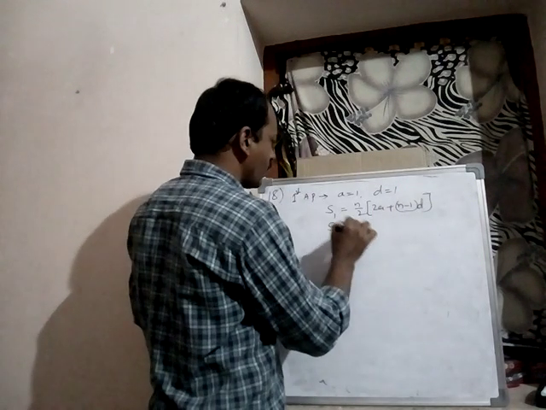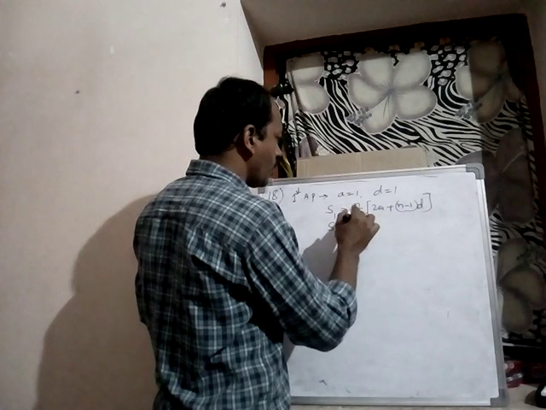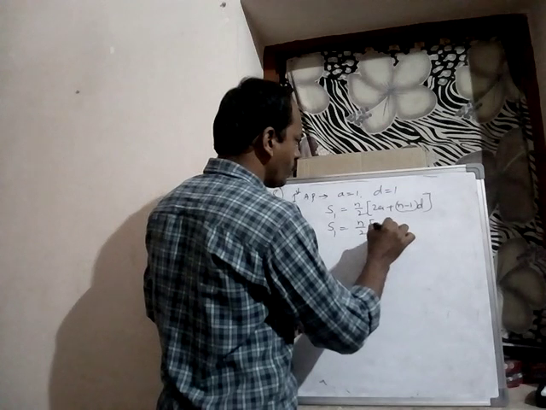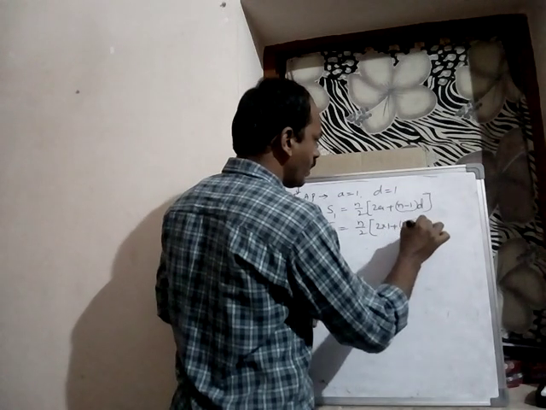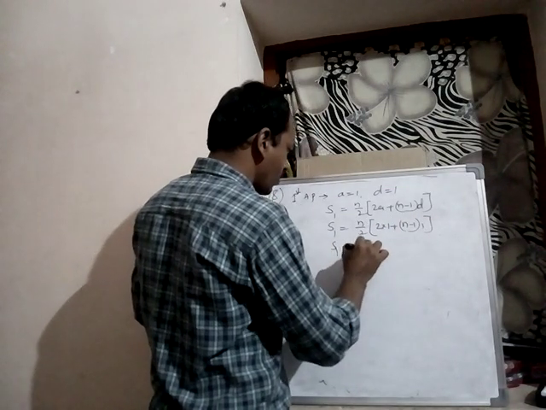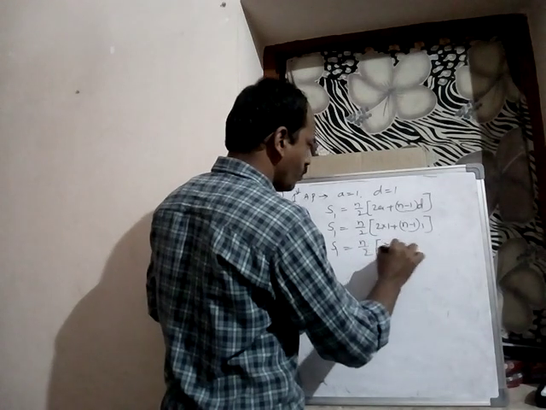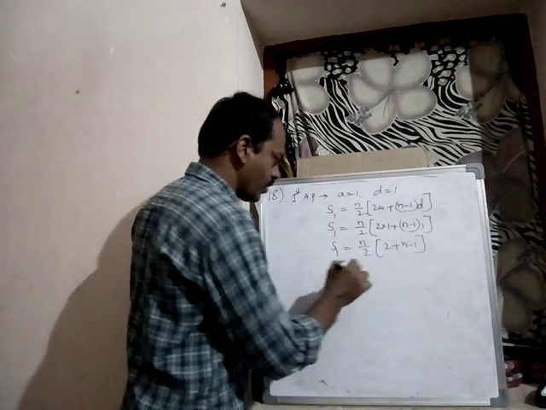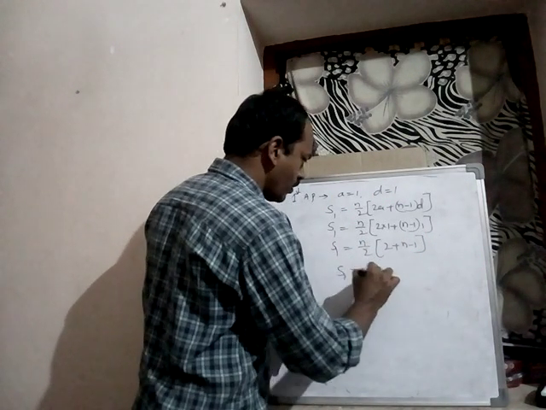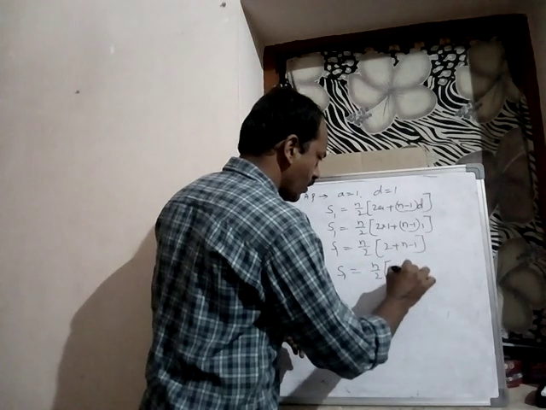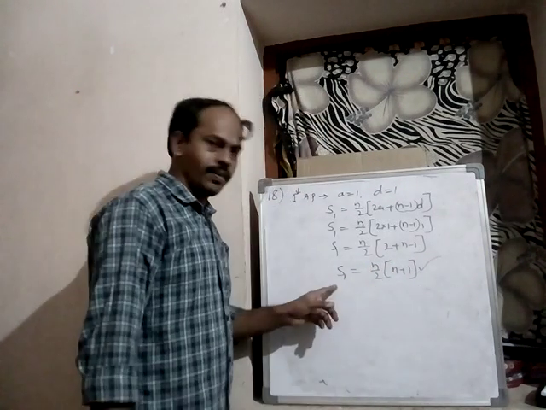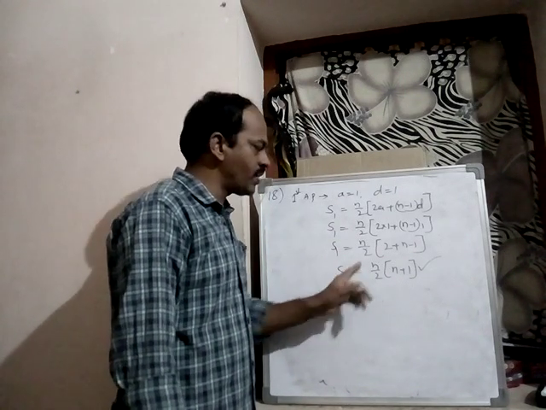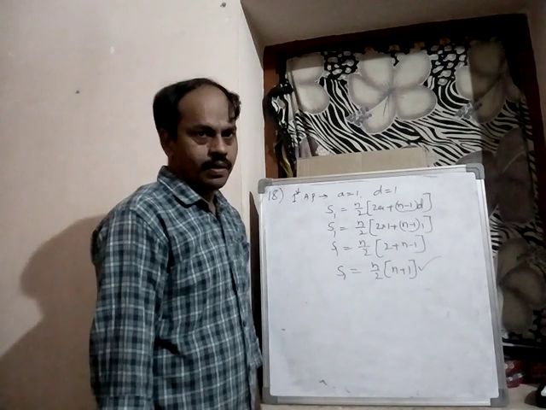So S1 is equal to n by 2 of (2 into 1 plus (n minus 1) into 1), which is n by 2 of (2 plus n minus 1). So S1 is equal to n by 2 of (n plus 1). In the first AP, the sum of n terms S1 is equal to n by 2 into (n plus 1).